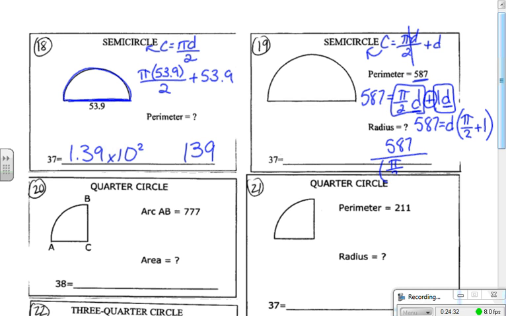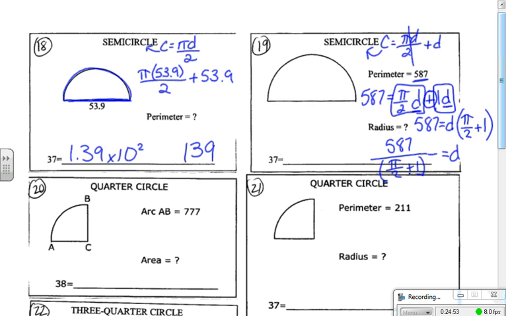Divide by pi over 2 plus 1. So 587, enter, orange pi, 2 divide, 1 plus, divide. And that will get us a value of d, our diameter.